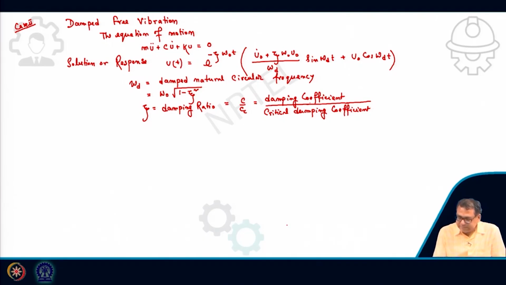Now this Cc, the critical damping coefficient, we can determine by 2 root km. Okay. Now if your damping ratio is less than 100%, that means my C is less than Cc, then the system is called the underdamped system.